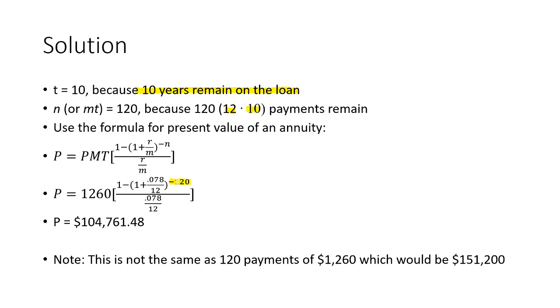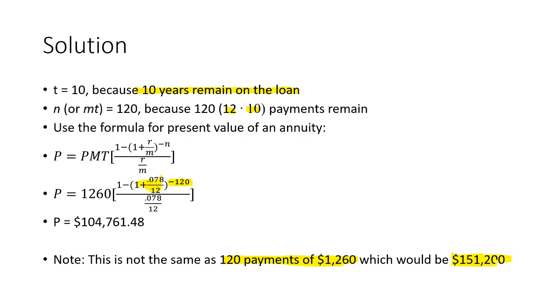Remember that this part here is to the negative 120. We aren't subtracting 120. We're raising this in parentheses to the negative 120. Please note, this is not the same as making 120 more payments of $1,260. That would be actually way more.